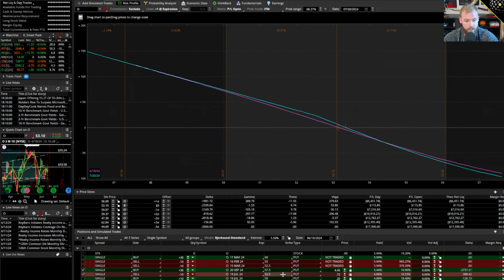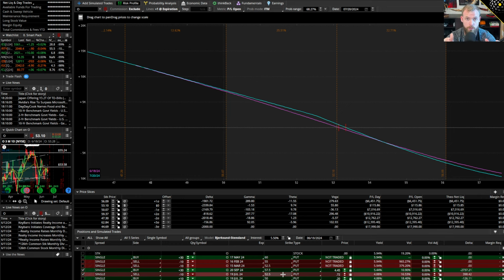If that happens, you buy to close the short puts, get rid of them, and then you sell to close the long puts, the entire position. That's the simplest way to trade this, again, if you want to keep it super simple.